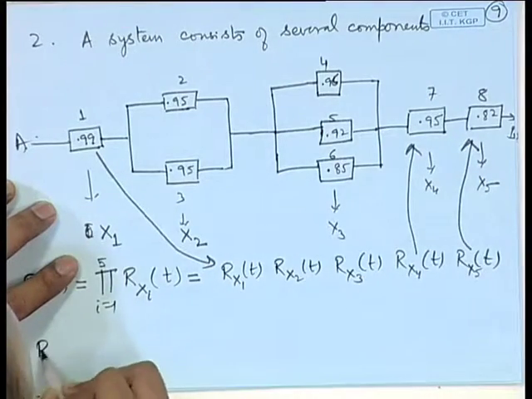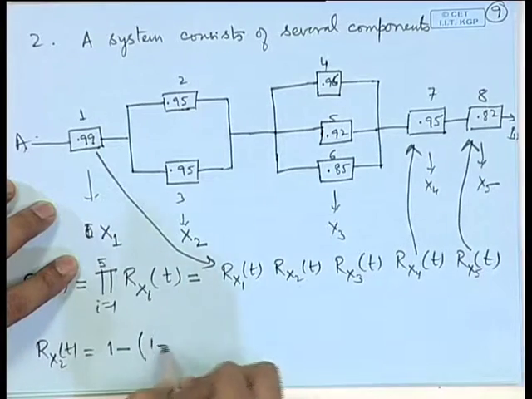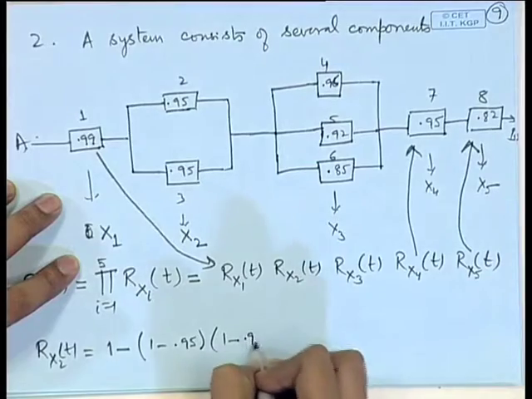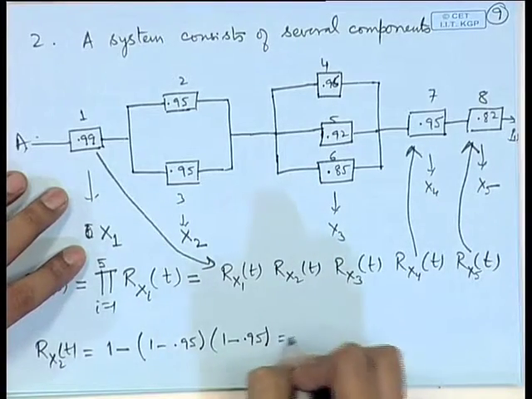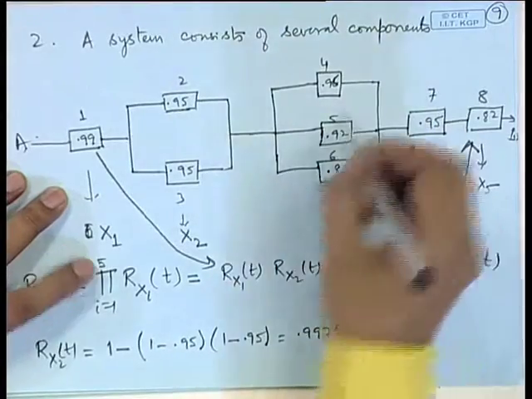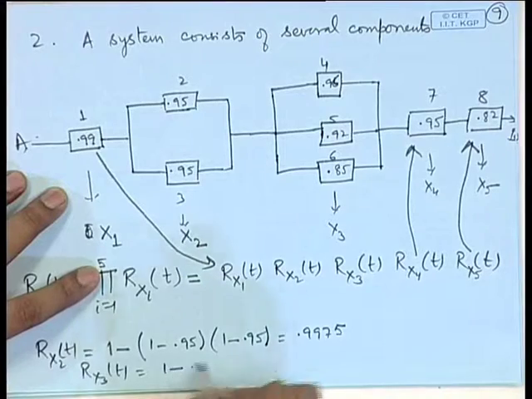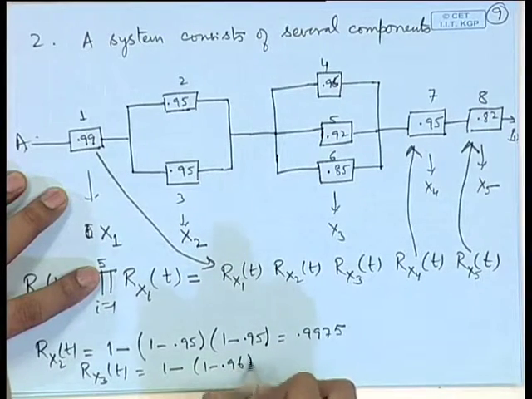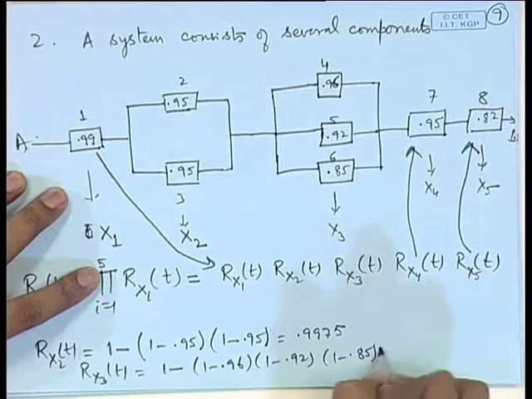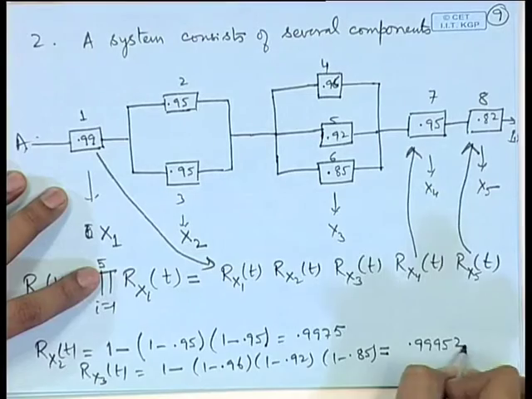If we look at R_X2(t), it is equal to 1 minus (1 - 0.95)(1 - 0.95), which is equal to 0.9975. Similarly, if we consider the reliability of the third system, that is R_X3, that is equal to 1 minus (1 - 0.96)(1 - 0.92)(1 - 0.85), which is equal to 0.99952.